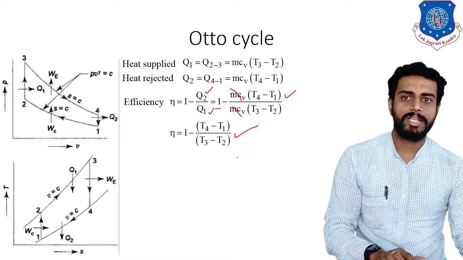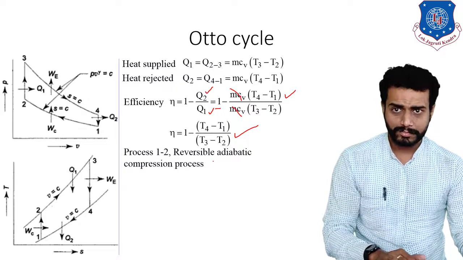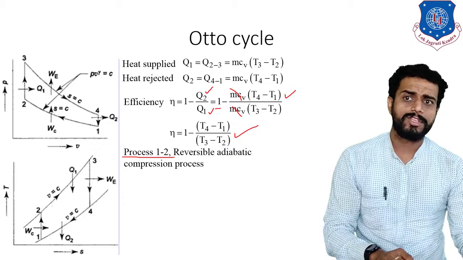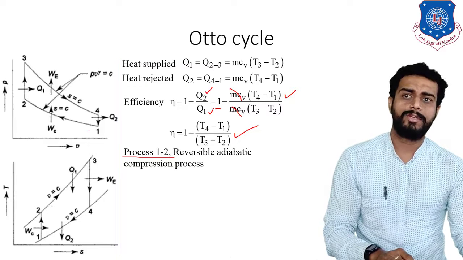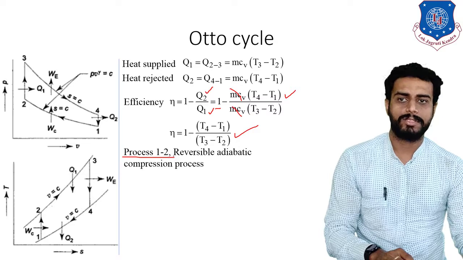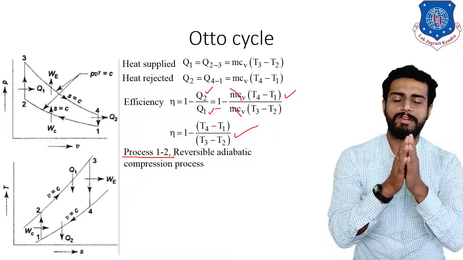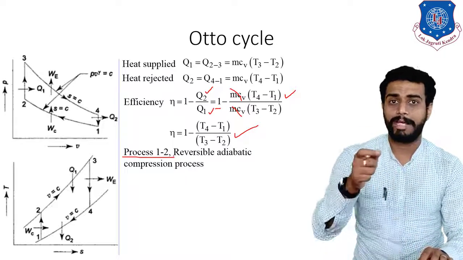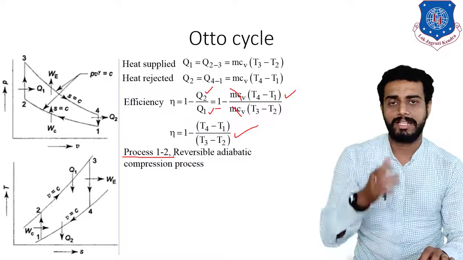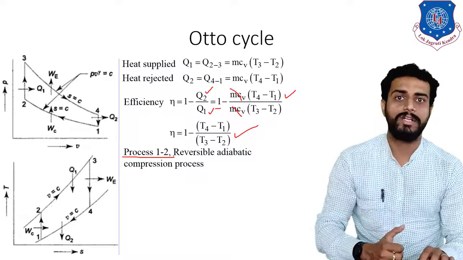Now let us derive the equation, but first we will observe process 1 to 2. So process 1 to 2 is what? Reversible adiabatic process. So remember students, for any reversible adiabatic process you have to remember the PVT correlation, that is the pressure, volume and temperature correlation.